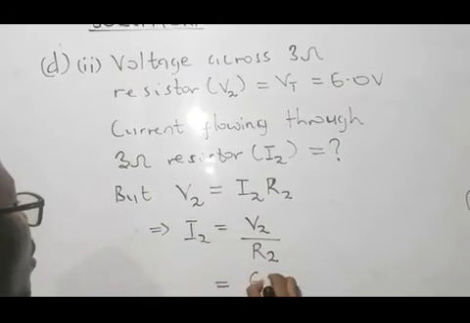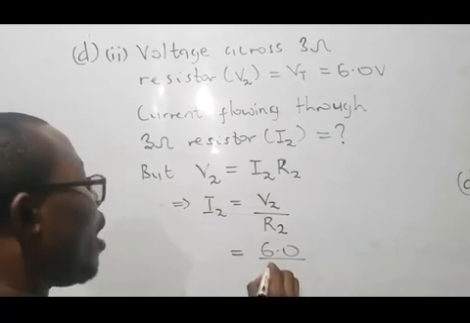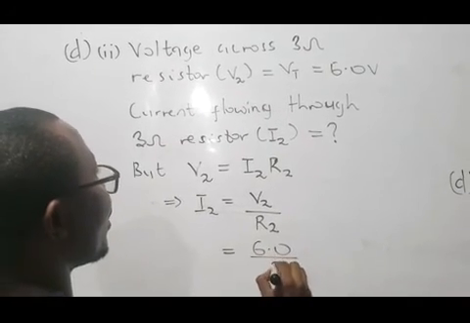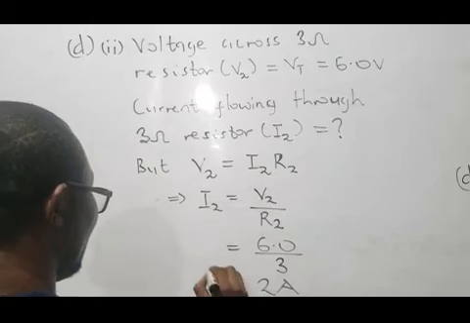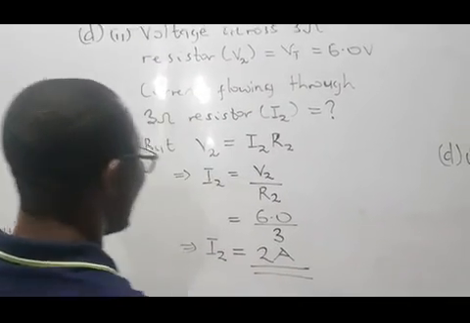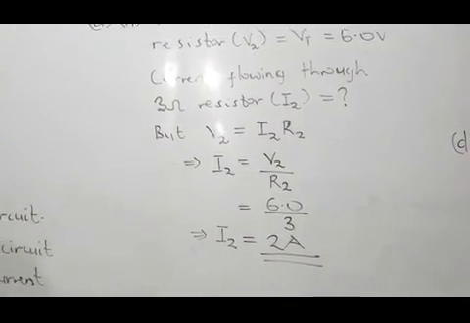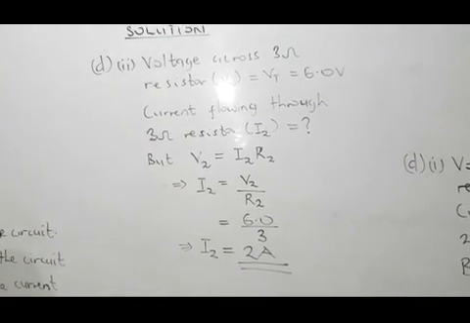Our V2 is still the same as the total voltage, which is 6, and R2 is 3. So that gives you 2 amperes. So the current flowing through R2, the 3 ohm resistor, is 2 amperes.